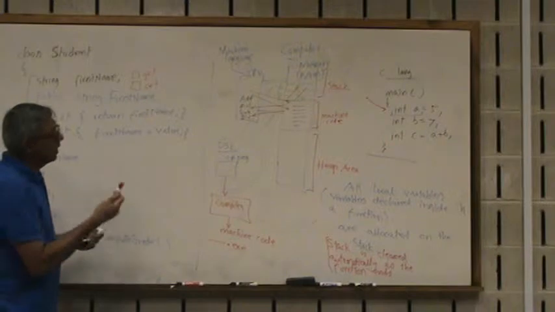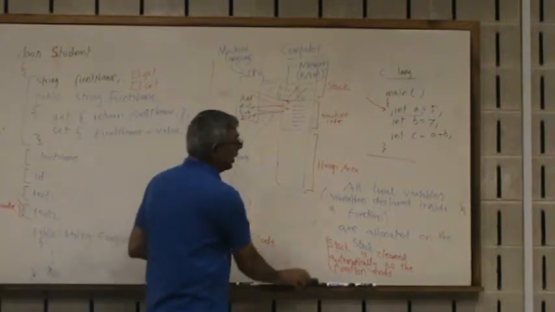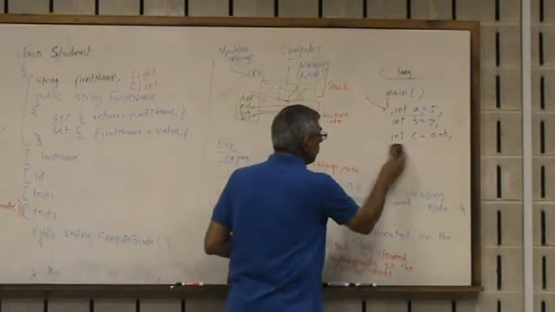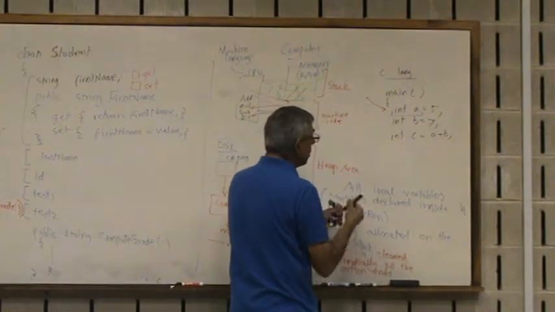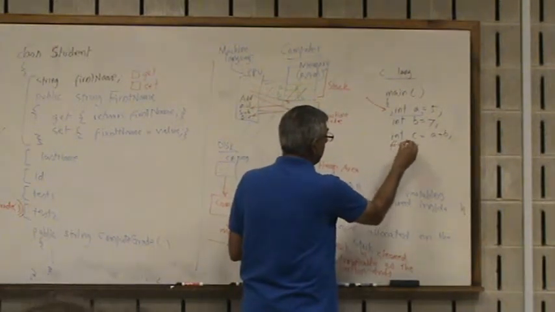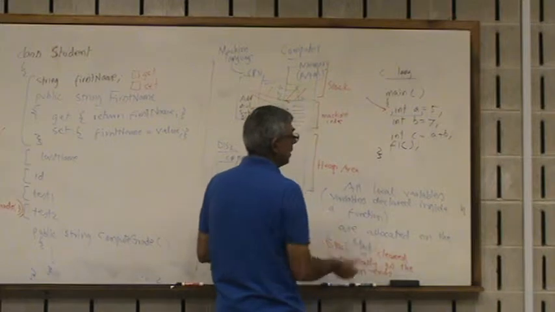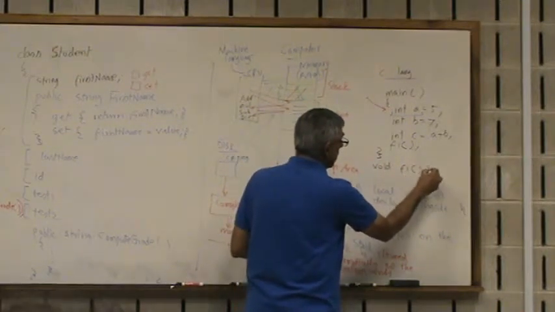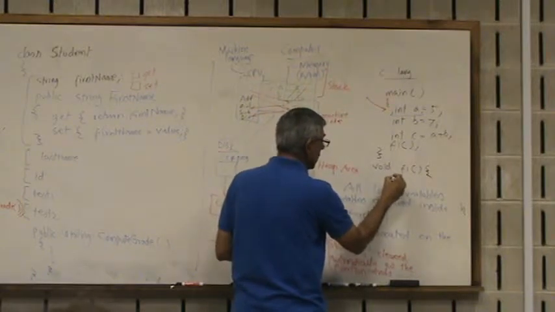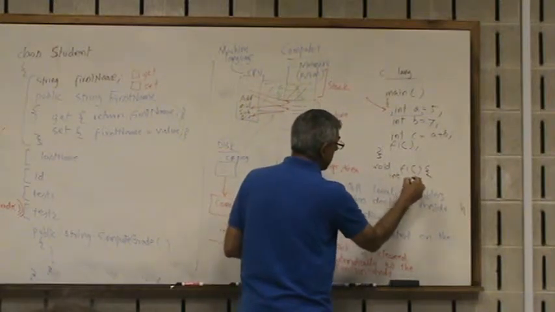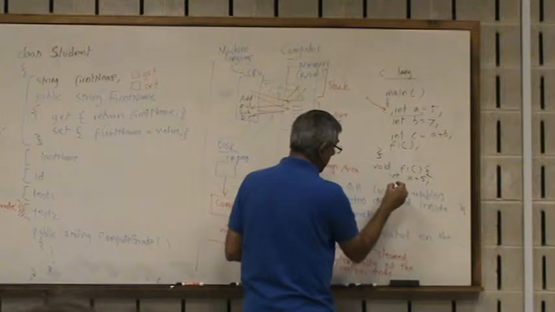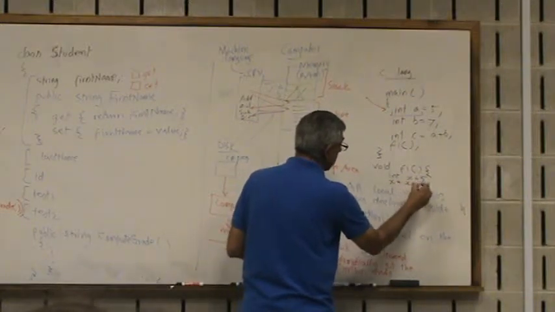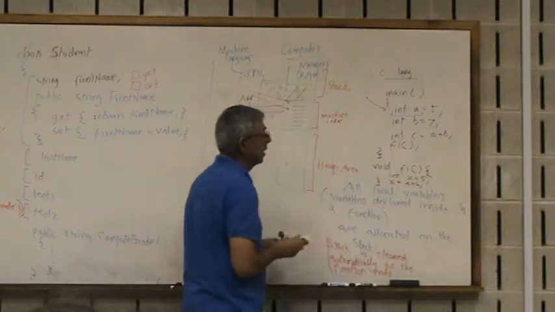So for example, let me give you another example. At some point in time, we call a function f1. Suppose we write void f1, and say int x equal to 5, x equal to x plus 2, and end.